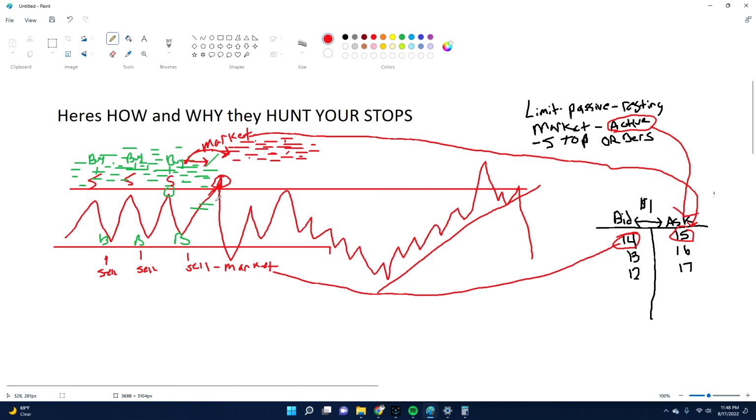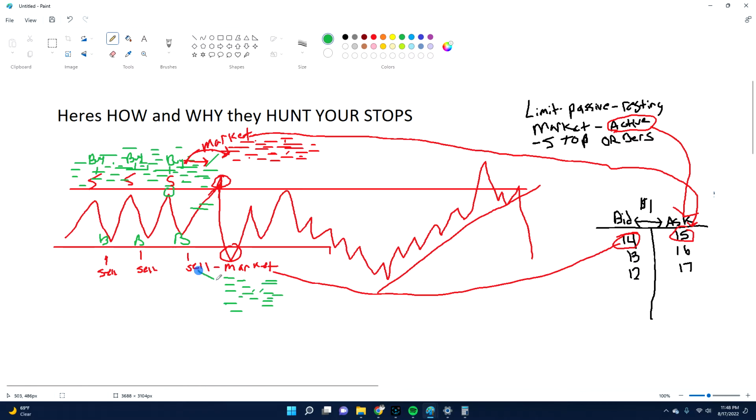Okay? So what happens now when this price comes down here? They come down, they smack your orders, they turn into sell market orders, and then they hit the bid all the way down. Well, what happens now? You are selling to them down here, because all they have to do now is place their orders in the market.